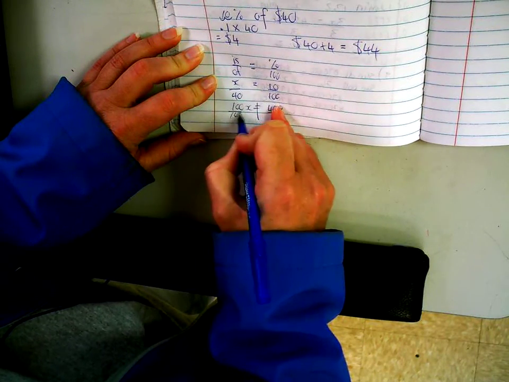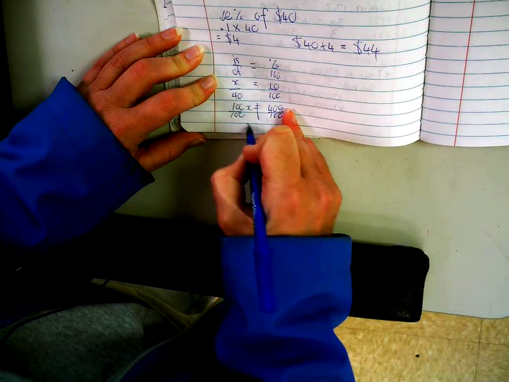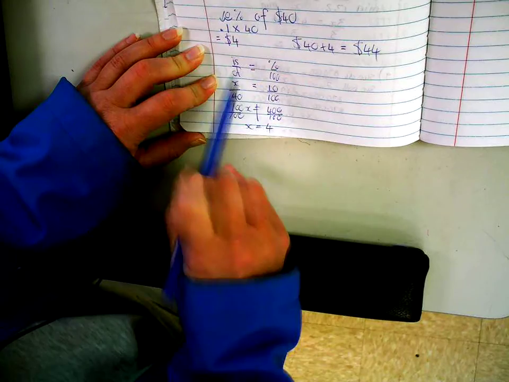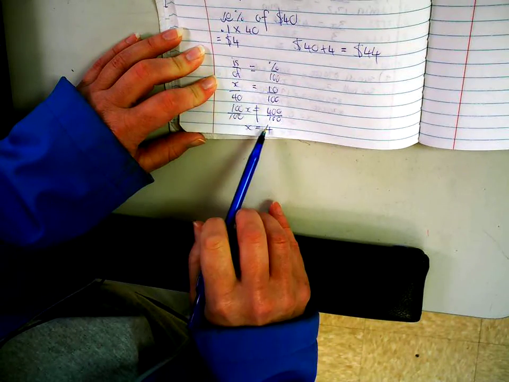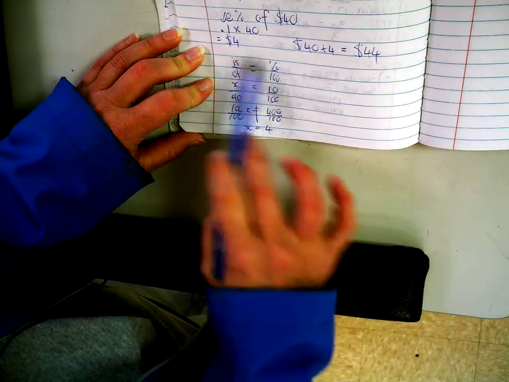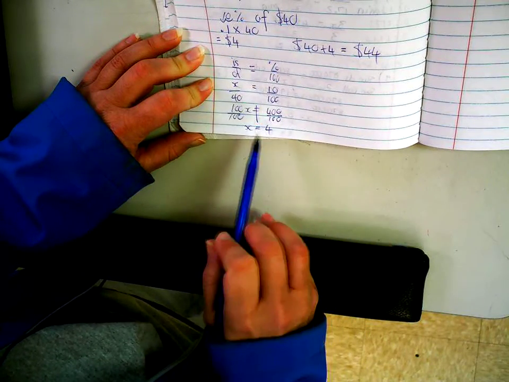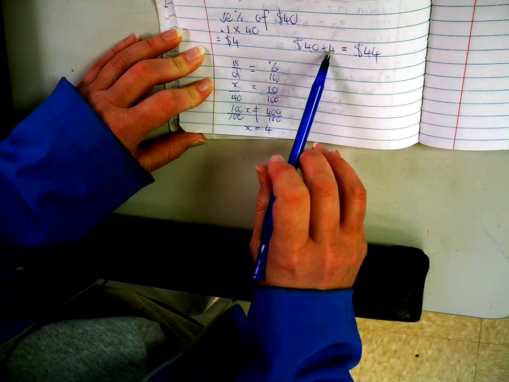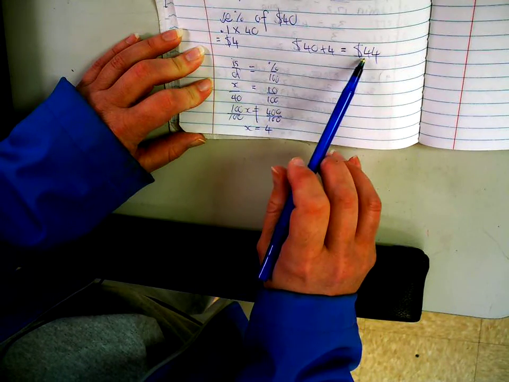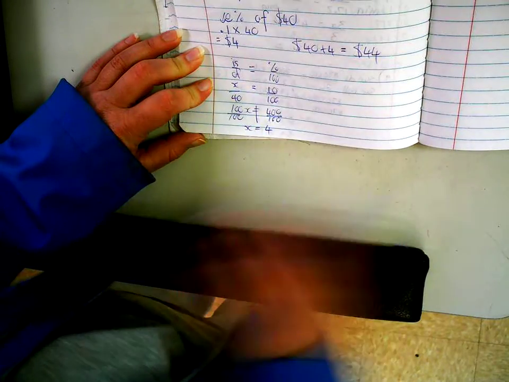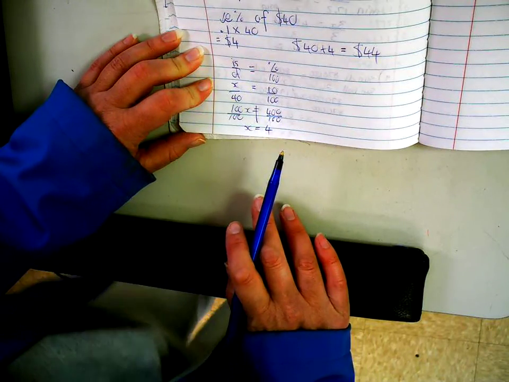Divided by 100, divided by 100. Oh, look, my answer is still $4. This gave me $4. This gave me $4. I can do it like this, or I can do it like that. I must just remember that the $4 must get added to the 40 to get the total of what I'm going to pay.